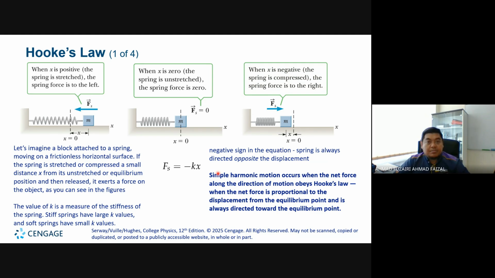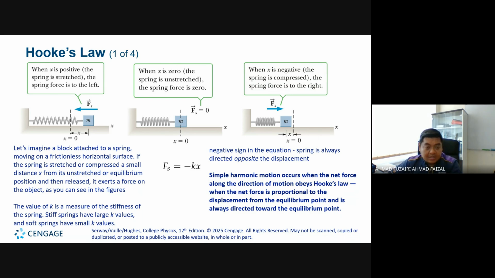When you compress the spring, the object goes to the left end and wants to move back to the right. So the force exerted is directed opposite to the displacement.